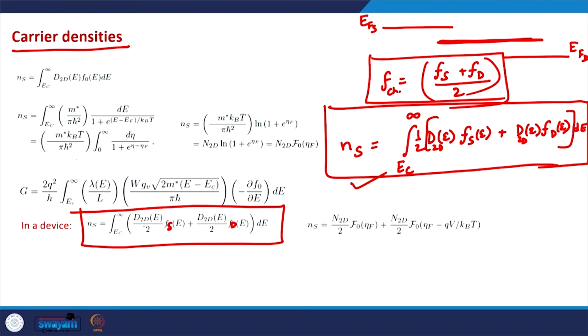So, this calculation we have already done, because this integral with the Fermi function divided by 2 is essentially N2D times Fermi Dirac integral of order 0.